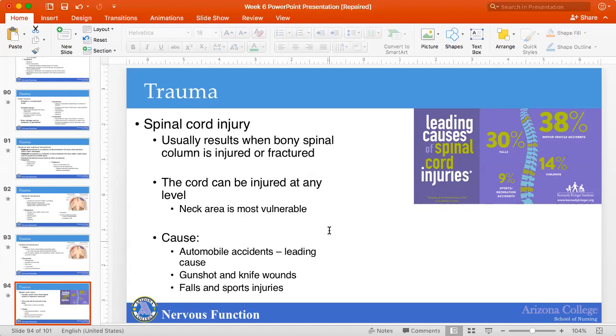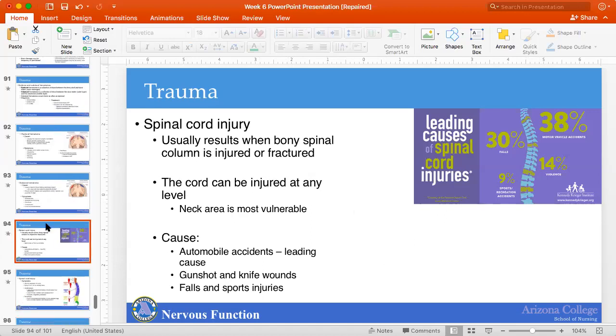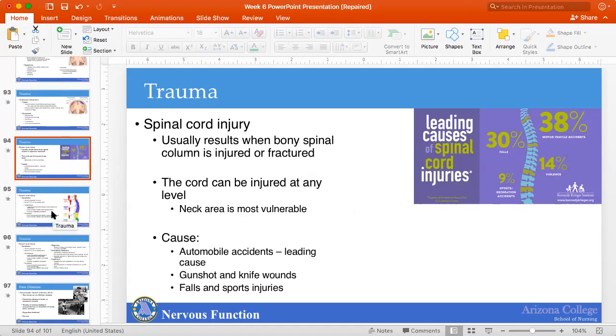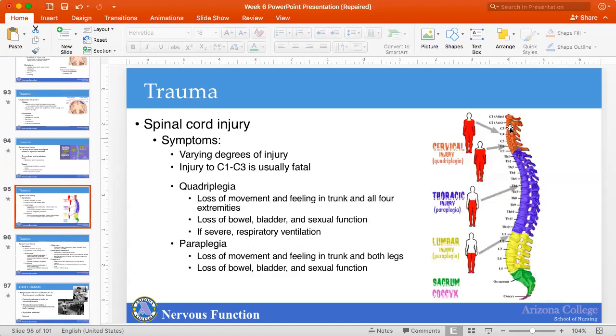If it's up really high, let's say it's up here at like the C2 or C3 level. Let's say they have a fall, or I believe Christopher Reeve, the man who played Superman, had an accident, and I think it was a horse accident, and he hurt his spine around this level.